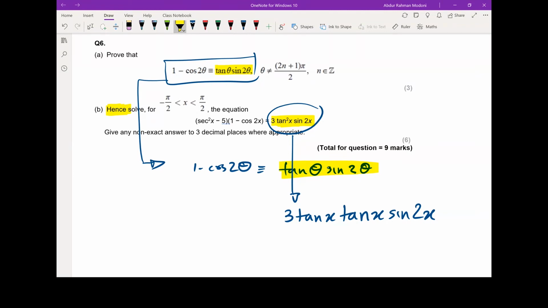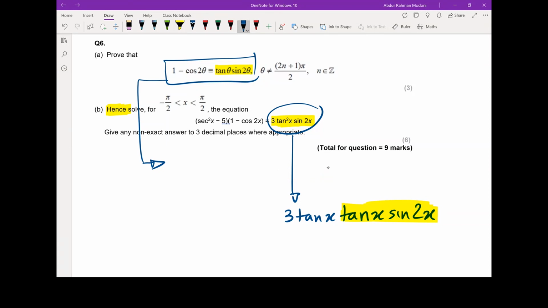Because my original part A had only tan x sine 2x. So I've got tan x here, sine 2x, and now it looks exactly like what was in part A. Okay, so I've manipulated that. I didn't need to focus on that bit there, I've just rewritten that as that.